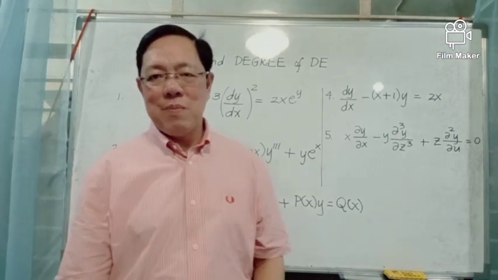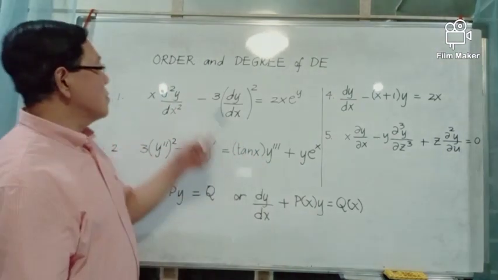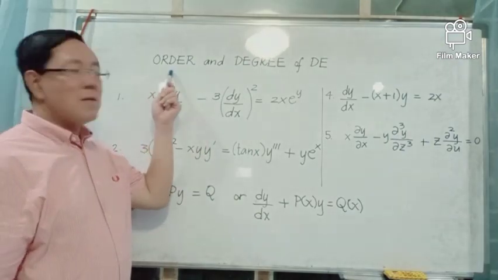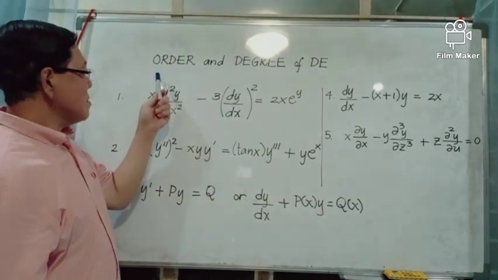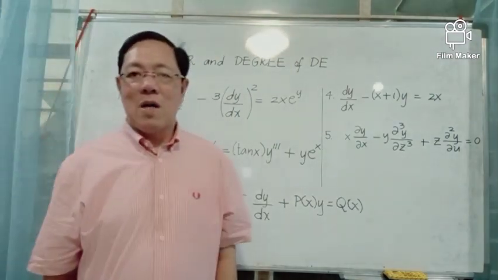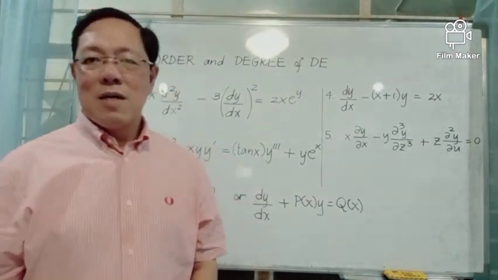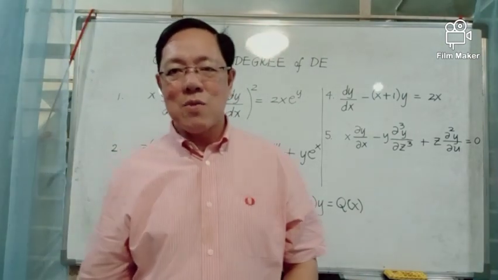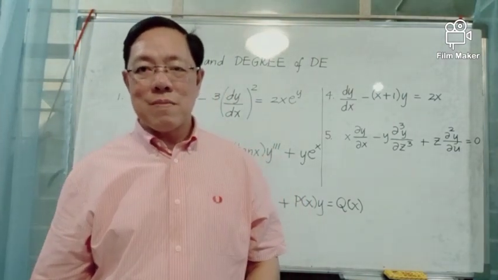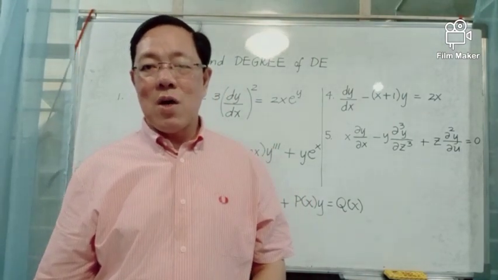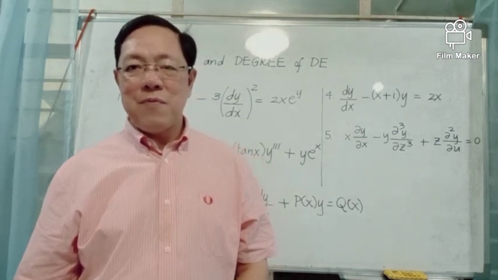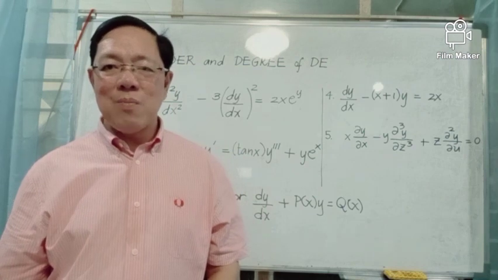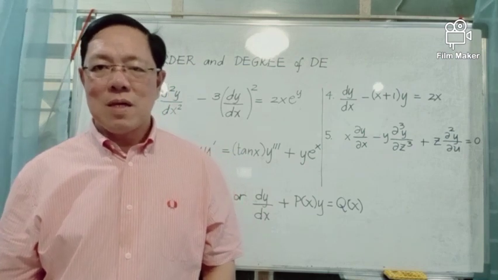Differential equations may be classified according to their order and degree. We start with the order of a differential equation. The order of a differential equation is the order or differential coefficient of the highest order derivative of the function that appears in the given differential equation.